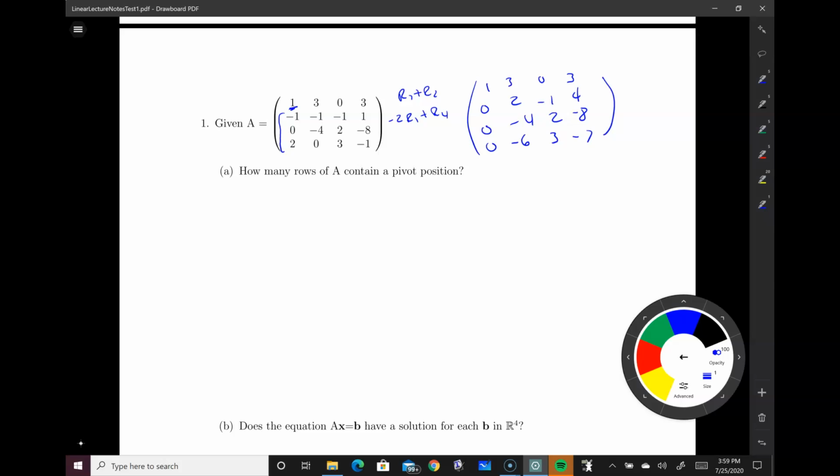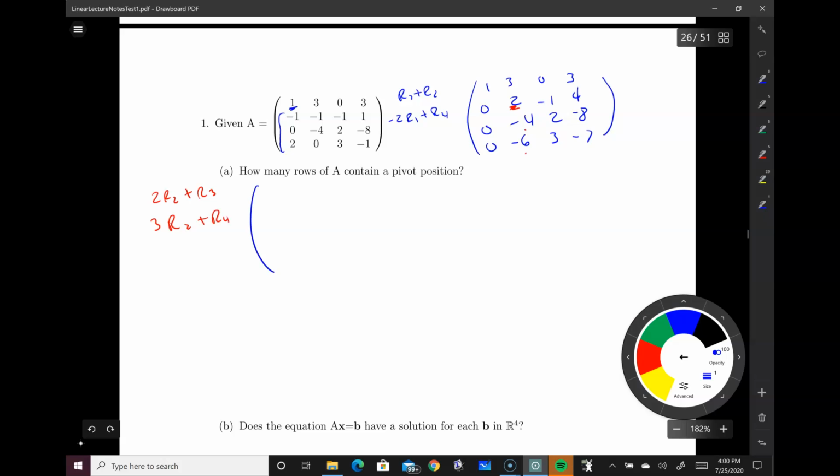All right. So before I go and make a 1 in this position, this looks like it's going to be a pivot. Before I make a 1 there, I'm going to be smart about it, and use the fact that it's a 2 to get these two terms to be a 0. So I'm going to take 2 times row 2 and add it to row 3. And then I'm going to take 3 times row 2 and add it to row 4.